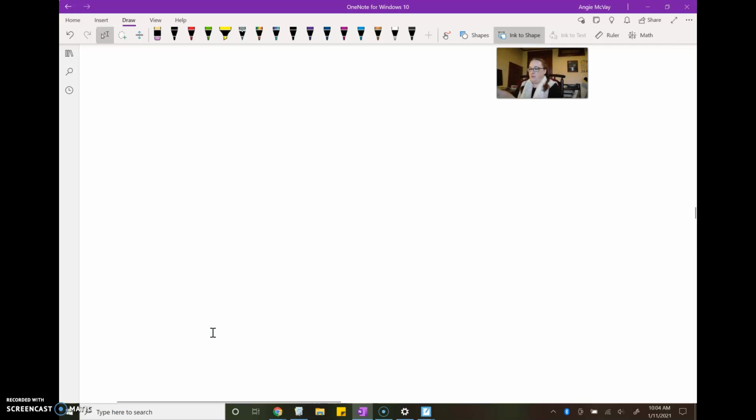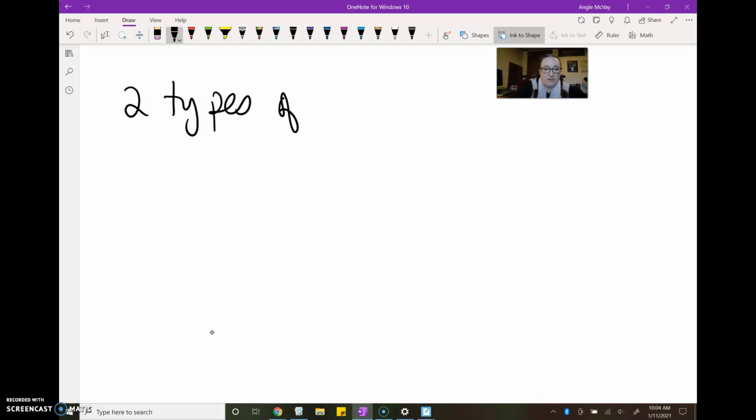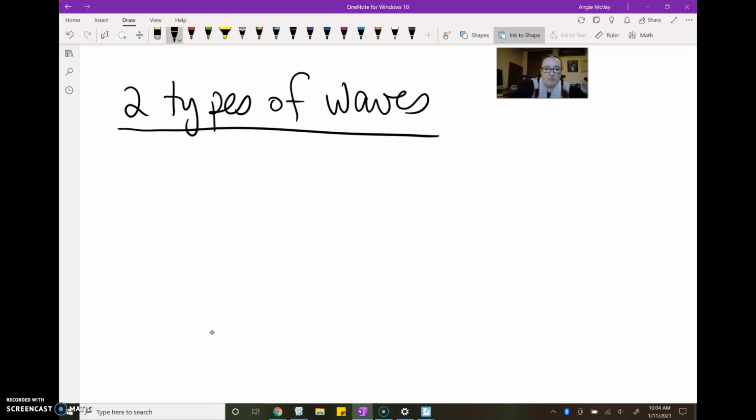Now let's also take a moment to define the two types of waves. Okay, there are two types of waves. Transverse is what we expect it to be.